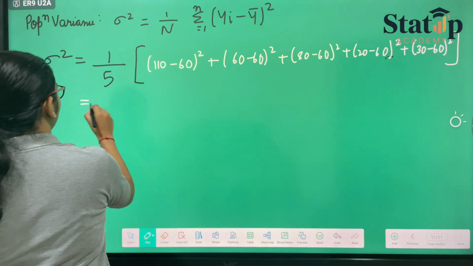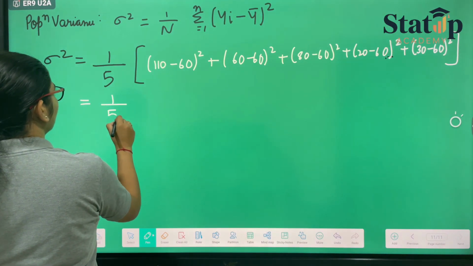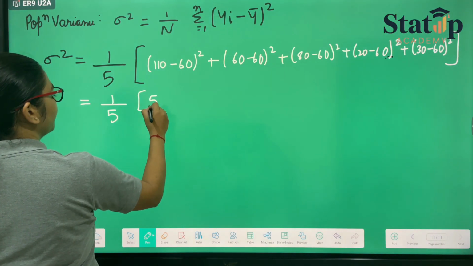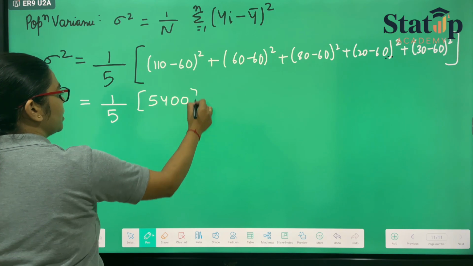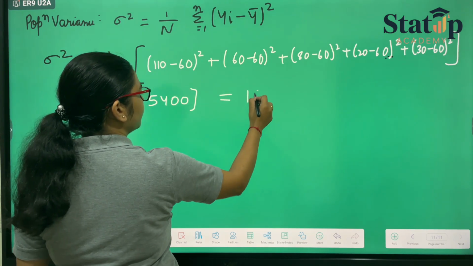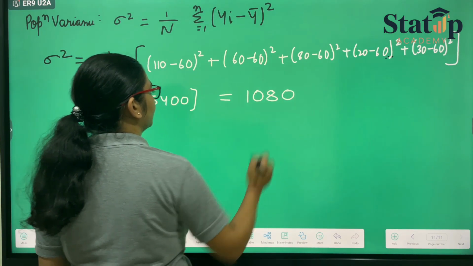On solving this, we will get 5400, and dividing by 5 we will get 1080.